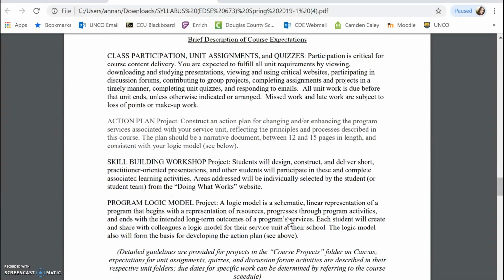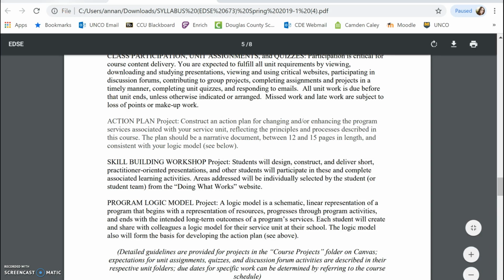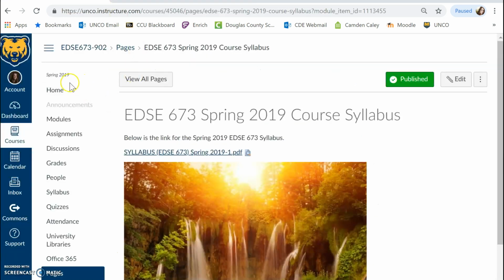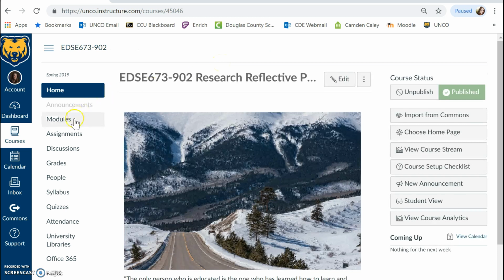This section outlines the expectations. There is a brief blurb explaining each of our 3 main assignments: the action plan, the skill building workshop, and the logic model. There is more detail for these assignments on Canvas. So please do visit Canvas for, in particular, the tab that you'll see here.